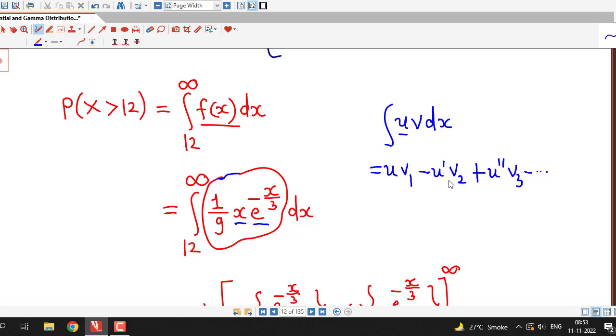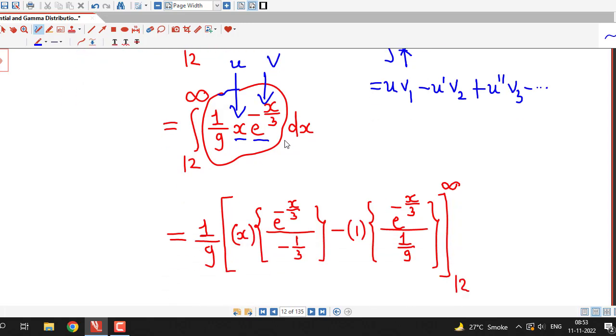And we consider alternately positive and negative signs, and we take as u the function whose derivative is 0 after some finite number of steps. So here the choice for u is x and this is v. So I have used this formula. 1 by 9 is outside, as it is independent of x.